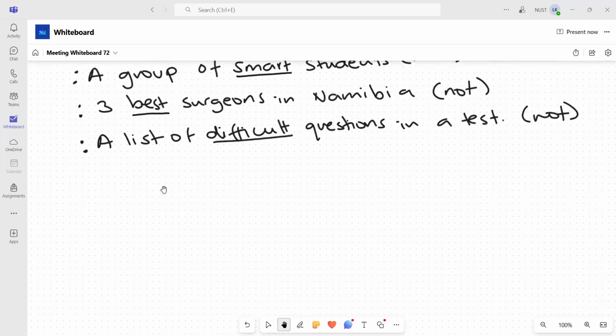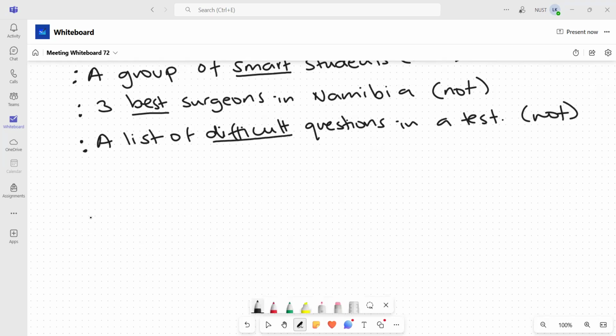So again, a set is a collection, a group, a list of well-defined, distinct related objects. These objects are related by this property that they have in common. Now with a set, we have what is known as the elements of the set.